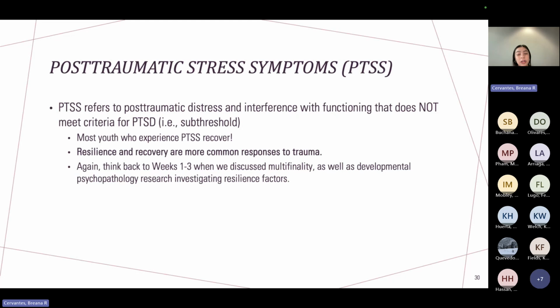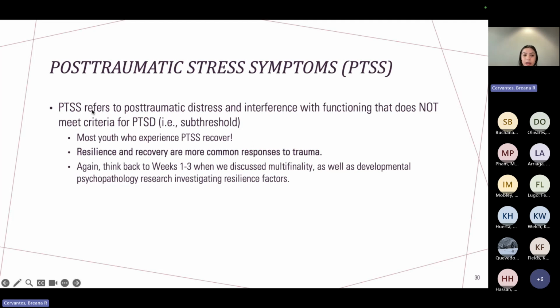So we would call that subthreshold. You can use that term for anything. So if someone doesn't meet criteria for MDD, you might say they're subclinical, subthreshold. But as far as PTSD terminology, PTSS is a term for when the symptoms are there, but you haven't quite met the diagnostic criteria for PTSD.